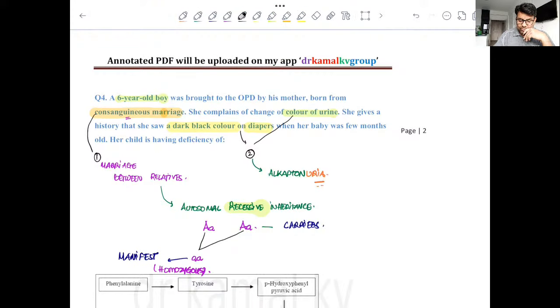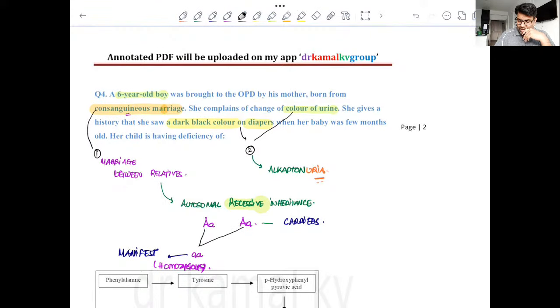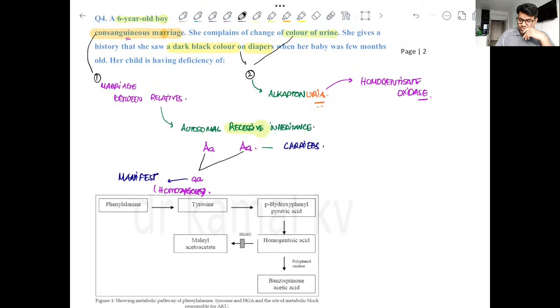And another thing, I think most of you must be knowing that Alkaptonuria is because of deficiency of homogentisate oxidase. Clear? So one point which you can learn from here, that most of the enzyme deficiencies, they inherit as autosomal recessive pattern.